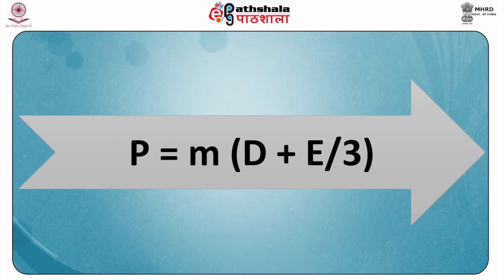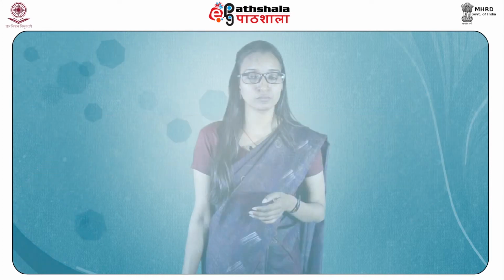The following expression establishes the relationship between market price and dividends using a multiplier: P = M(D + E/3), where P is market price, M is multiplier, D stands for dividend per share and E earnings per share.